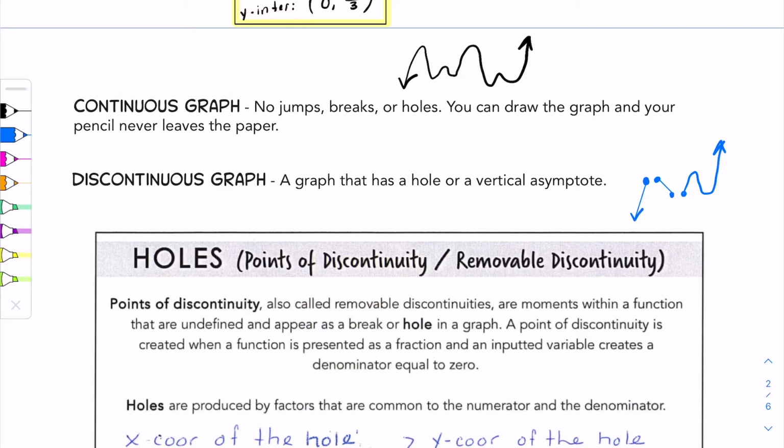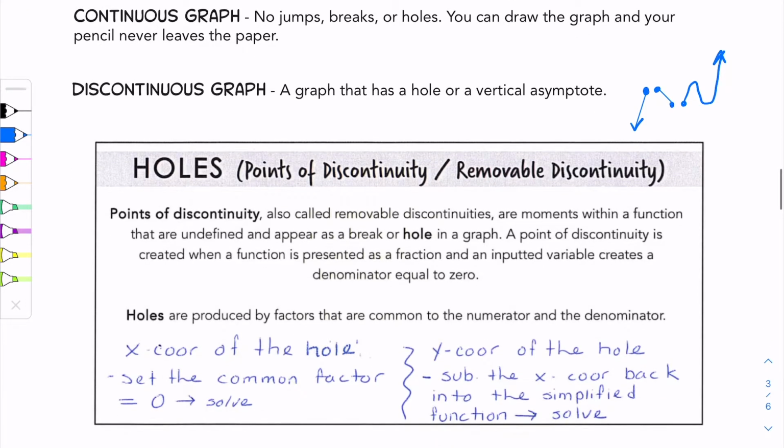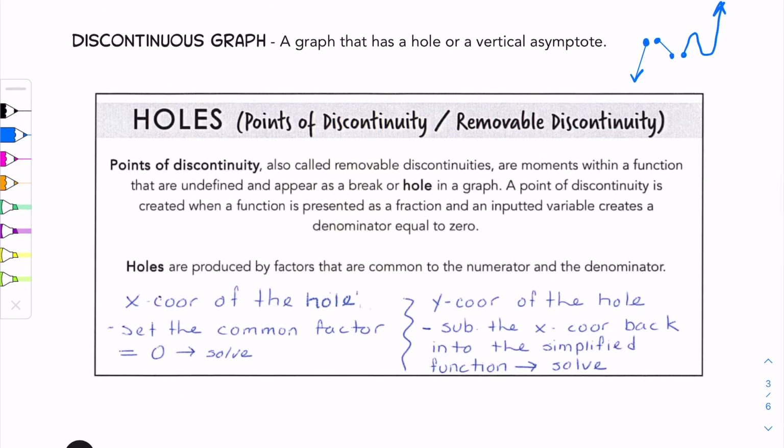But moving forward, when we graph rational functions, we have horizontal, vertical, or oblique asymptotes, which will also create a jump or a break in the graph. So looking at holes to start with, all of these kind of run together.